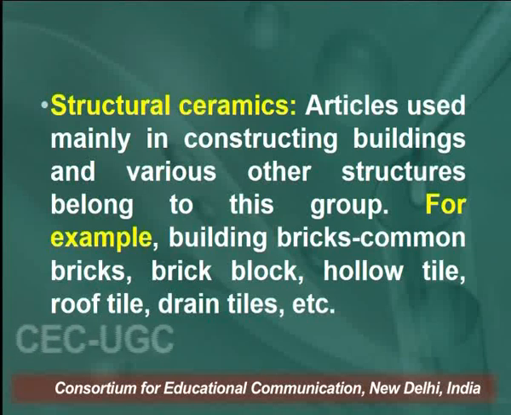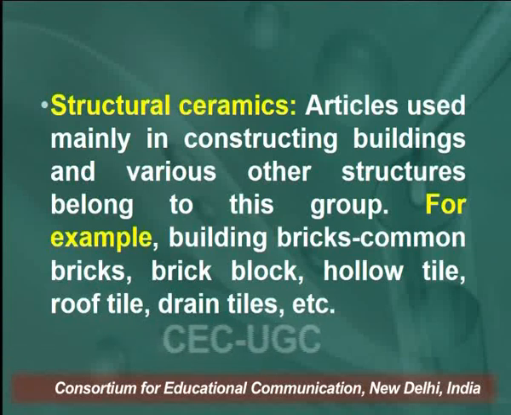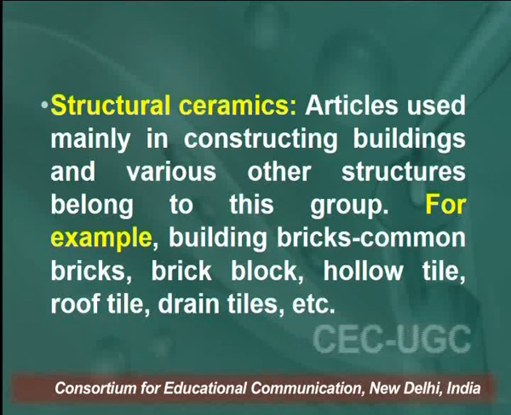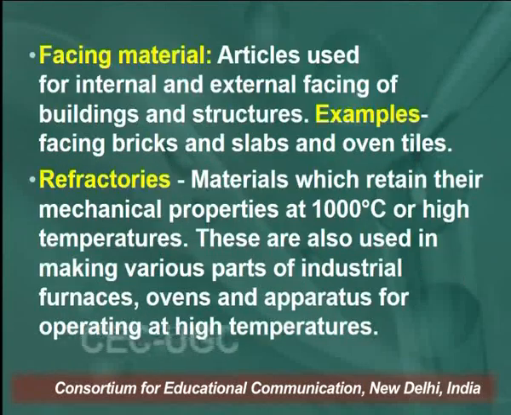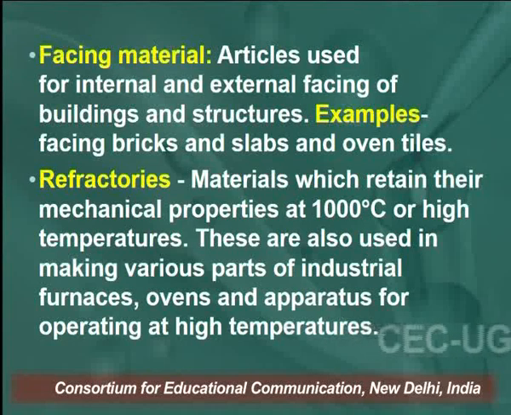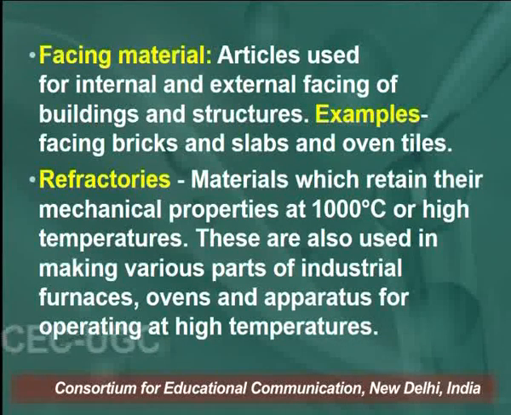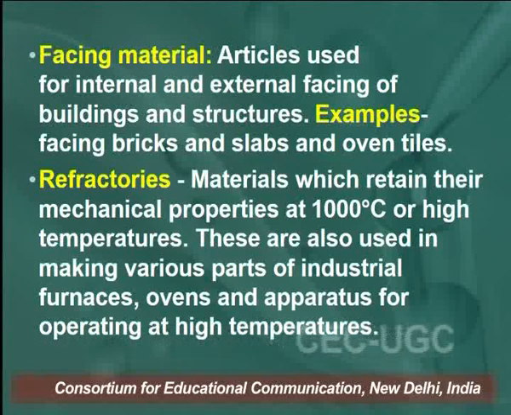For example, building bricks like common bricks, brick block, hollow tile, roof tile, drain tiles, etc. Facing material: articles used for internal and external facing of buildings and structures, for example, facing bricks and slabs and oven tiles.